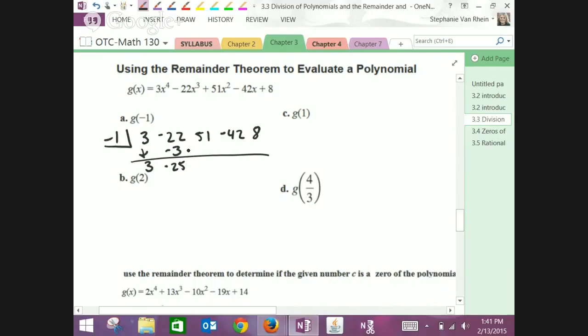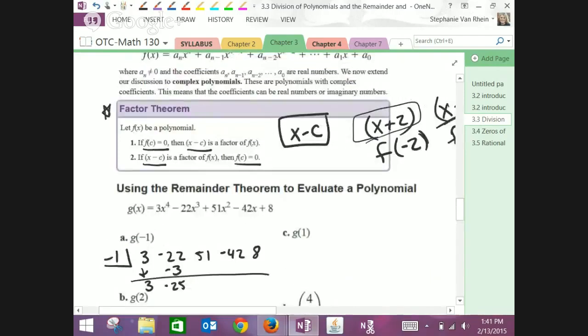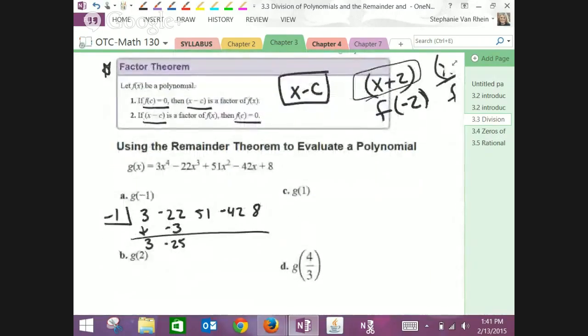Wait, I thought if it was a minus 1, it would be plus 1. It's negative. So what would be my c here? x plus 1 is my factor, so c is playing the role of minus 1. X plus 1 would be the factor, though. Okay. So if you wanted to make a conclusion, if this equals 0, they say, what is the factor?